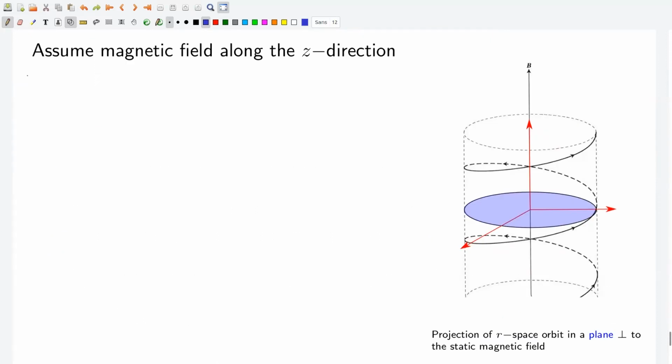So far, we have been discussing the electron orbit in k space. Let us now discuss the electron orbit in real space.